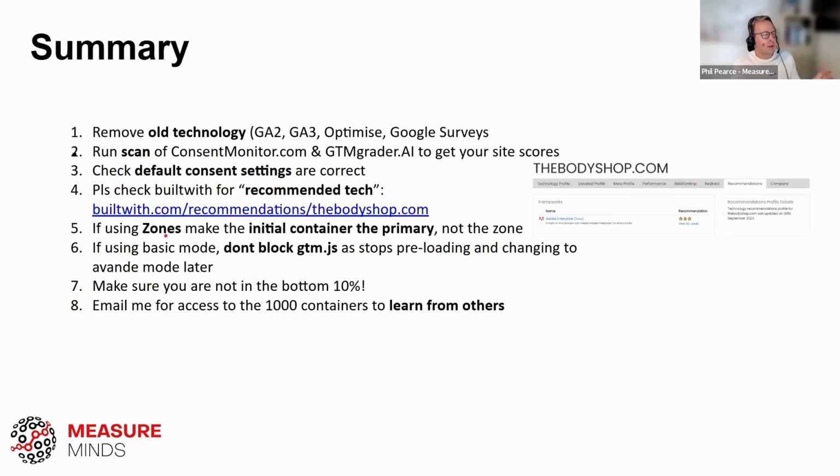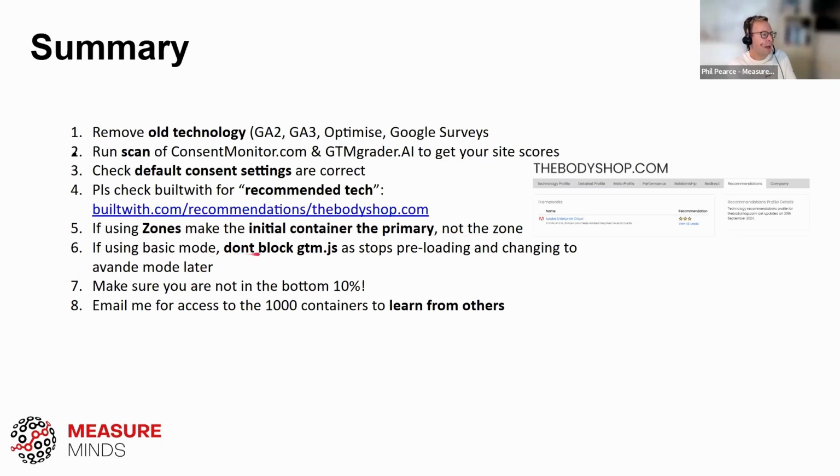If you're using zones, I'd normally suggest making the load the primary account to inject the zone. Try and make sure you only load ideally one GTM container per site, not multiple containers, because you end up with potentially two listeners and not as compact or compressed as it could be.